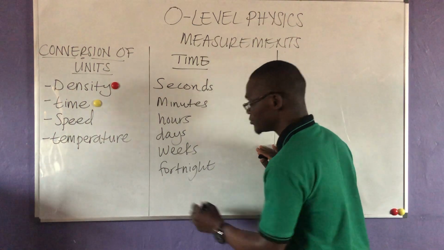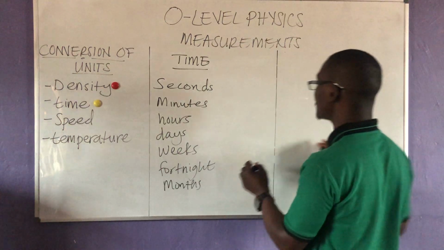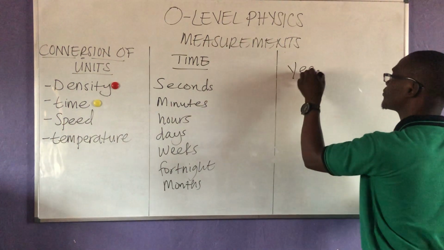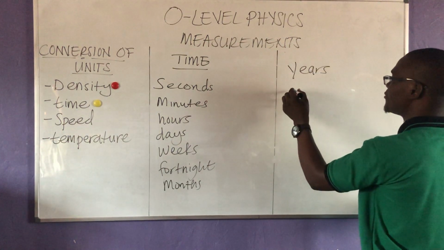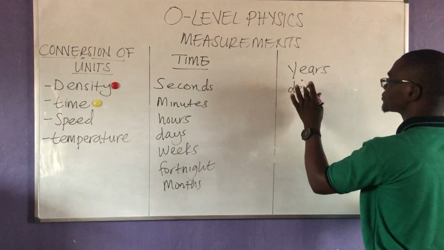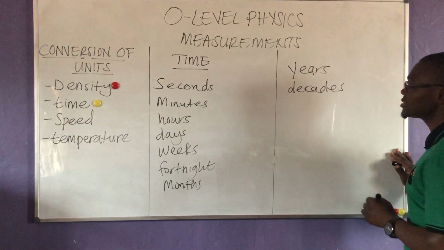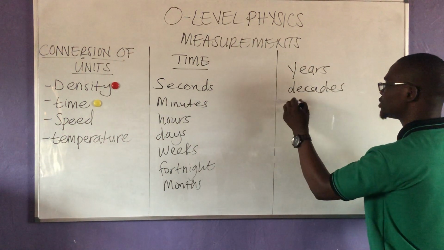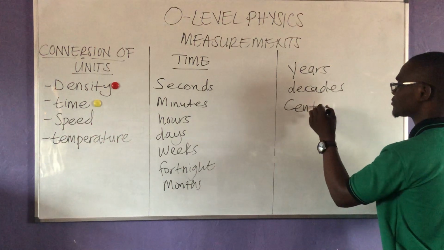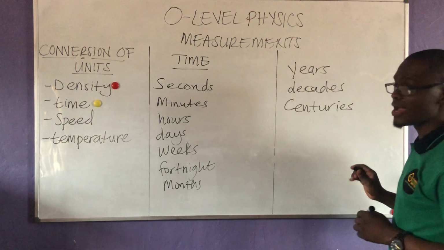We have month. We have years. We have decades. Decades, that is a period of 10 years. We have centuries, a period of 100 years.